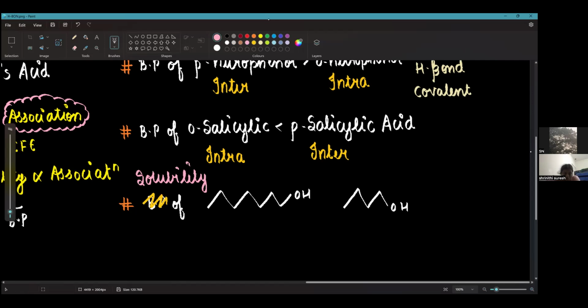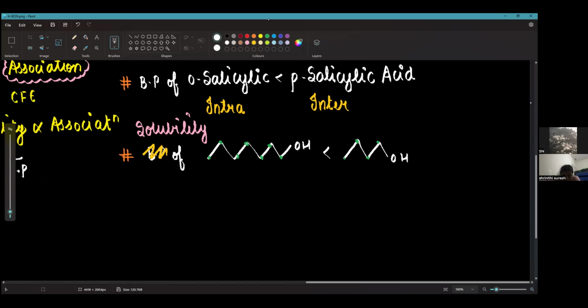Look at how many carbon atoms there are, ma'am. This is 1 2 3 4 5 6 7, heptanol, and this is 1 2 3 4, butanol. So they will say that the solubility of butanol will be more, because solubility is inversely proportional to hydrocarbon chain. This hydrocarbon chain is hydrophobic in nature. Hydrophobic means they run away from water.